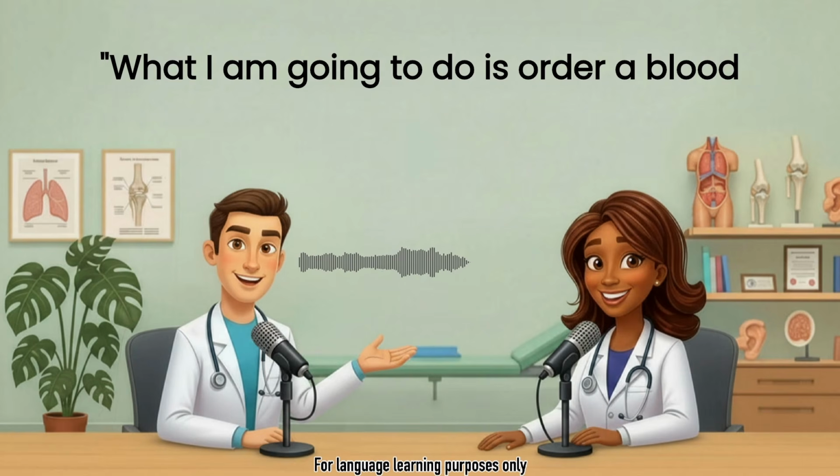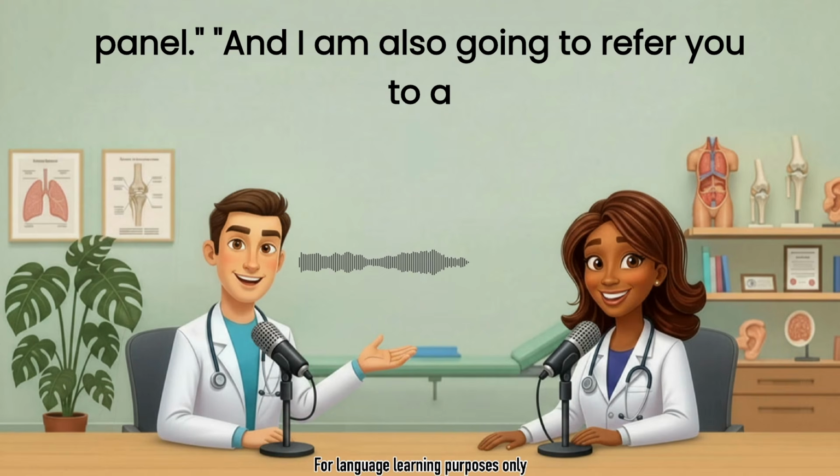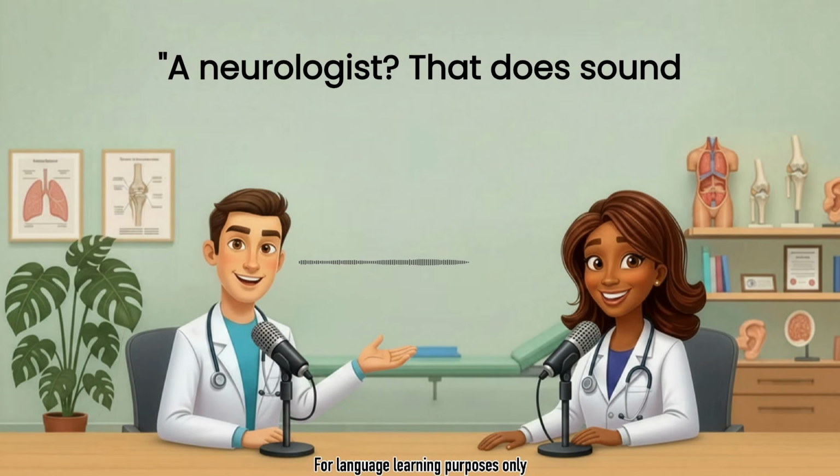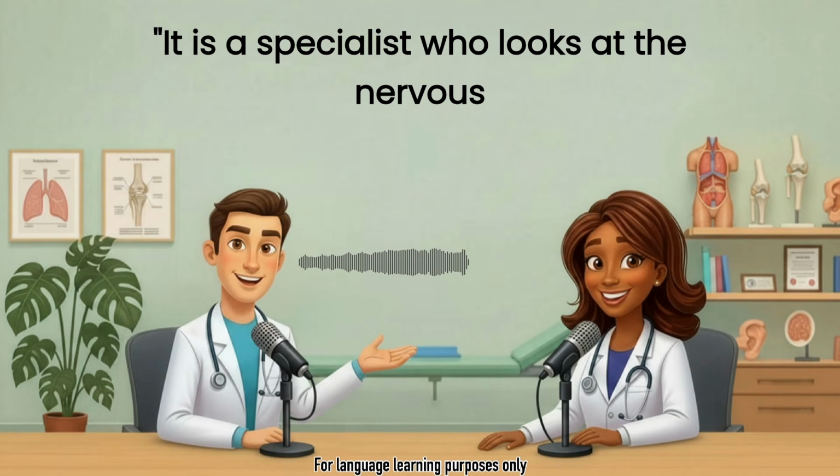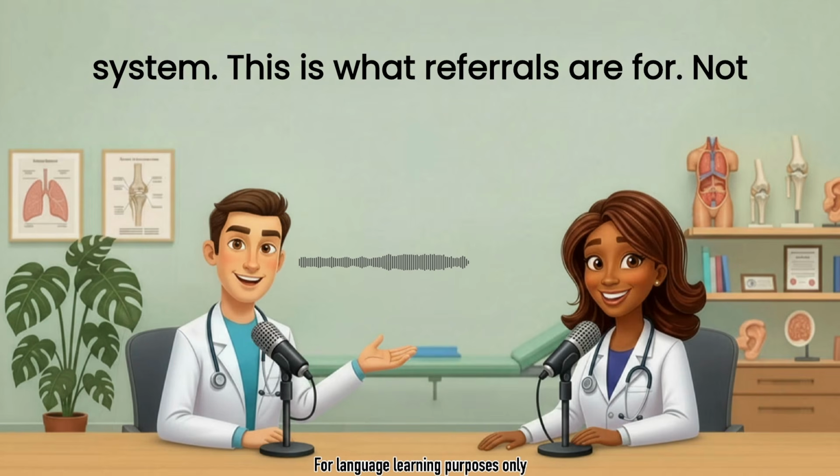What I am going to do is order a blood panel, and I am also going to refer you to a neurologist. A neurologist? That does sound significant. It is a specialist who looks at the nervous system. This is what referrals are for.